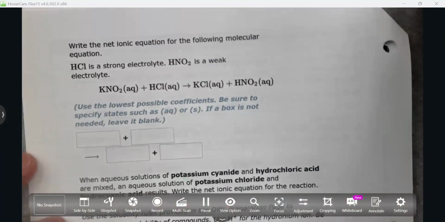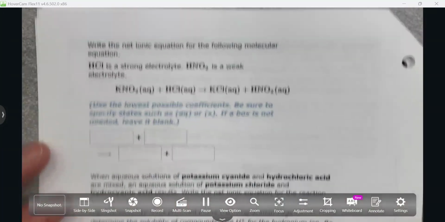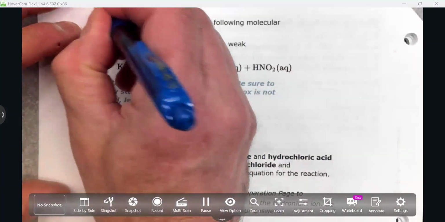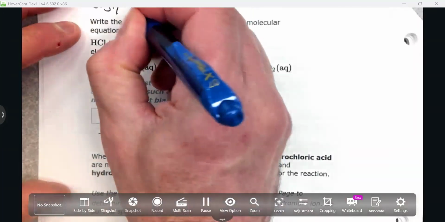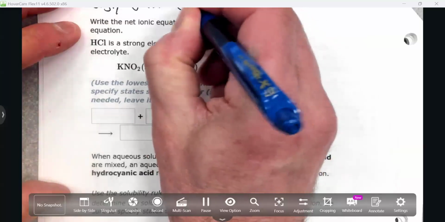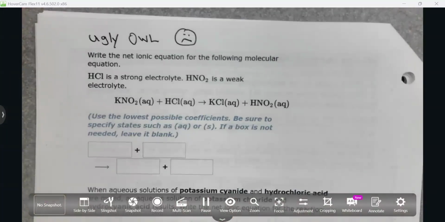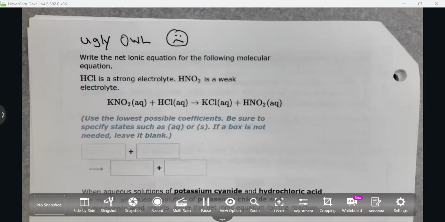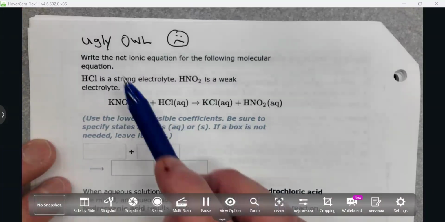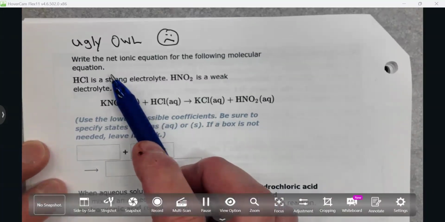All right, let's do, oh, this is ugly. I'll call this one ugly, because I don't think it says enough here. So I'm helping you out with this.